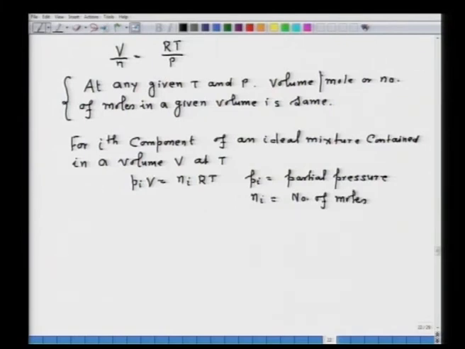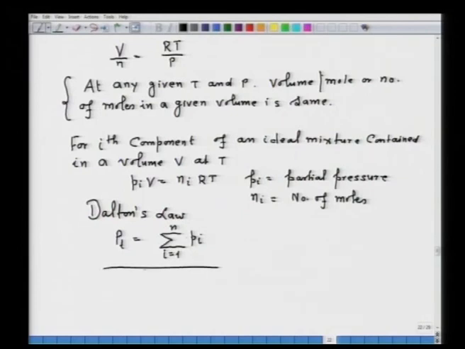So, ideal gases follow Dalton's law, and Dalton's law simply states that the total pressure PT is equal to the sum of Pi from 1 to n. This Dalton's law is also very important in the case of gases which are mixtures of several components.